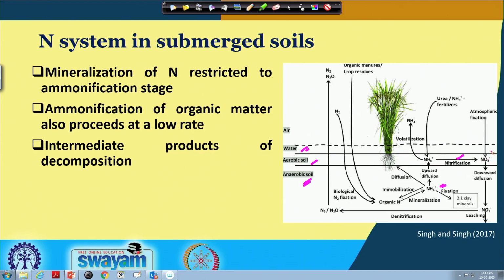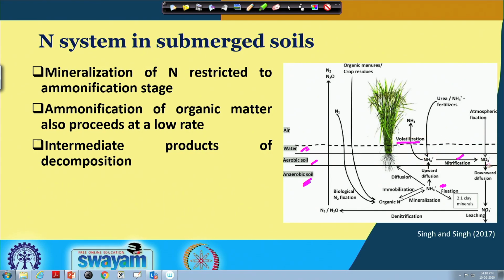The ammonia also gets lost through volatilization, as you can see here.